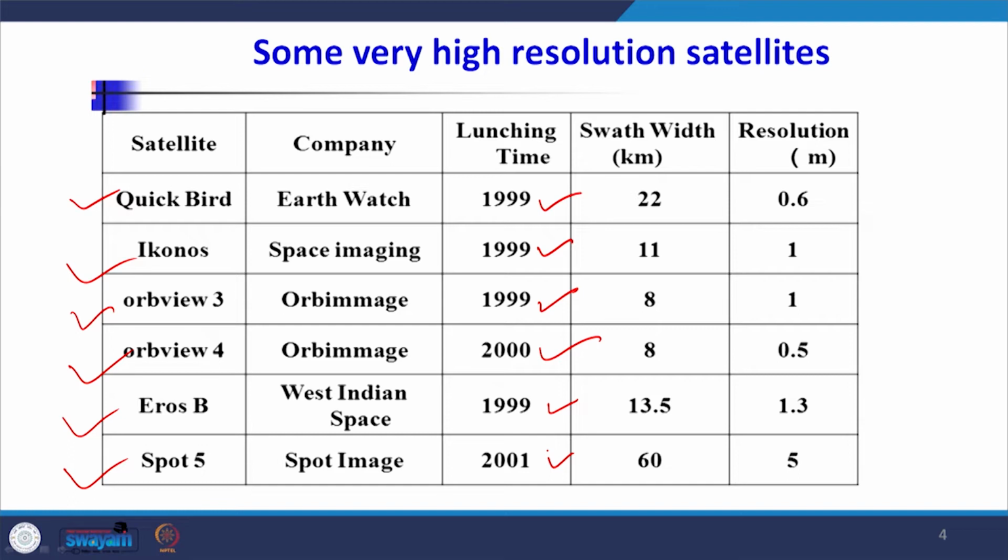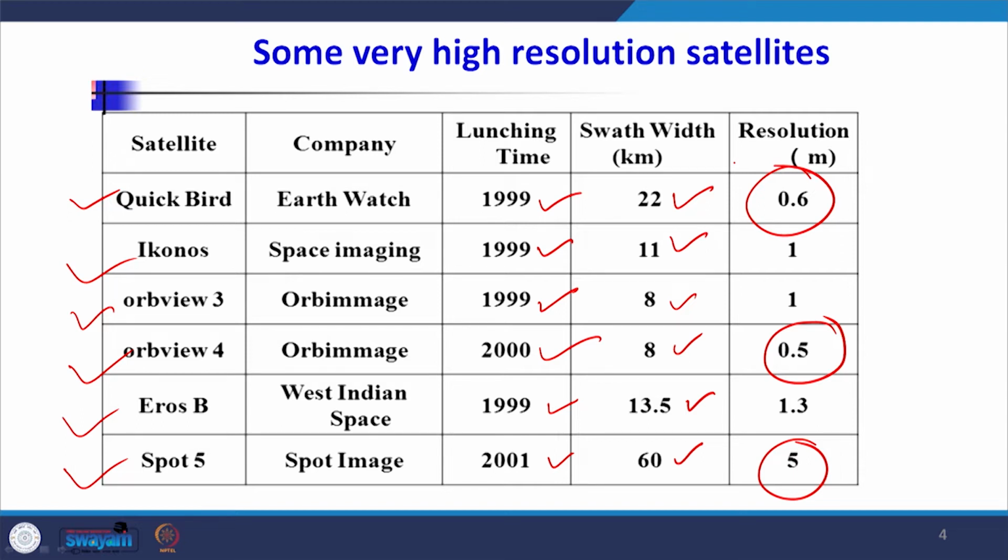The swath width ranged from 60 kilometer for SPOT 5 and 22 kilometer for QuickBird, and then became smaller and smaller, like 13.5, 11 or 8 from the other satellites. Resolution wise, we have reached from 5 meter from the SPOT data to 0.5 or 0.6 meter from the QuickBird data. So very fine resolution is there, and we can see detailed information from this satellite data.